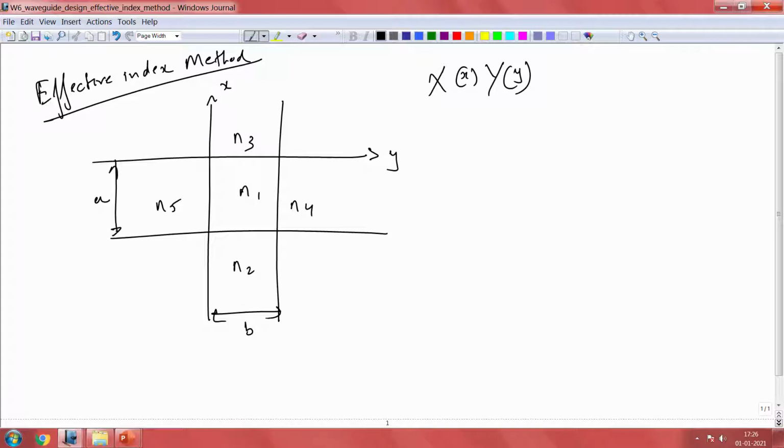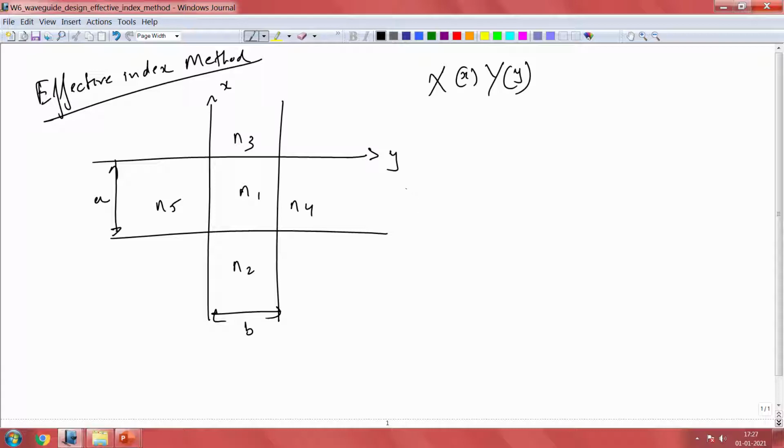The effective index method converts this two-dimensional problem, as I mentioned, into a one-dimensional problem. If we take a very simple buried structure like what we have here, this is refractive index n, let us say n1, surrounded by all these refractive indices around. So it is buried somewhere. The rest of the refractive indices could be identical for all practical purposes.